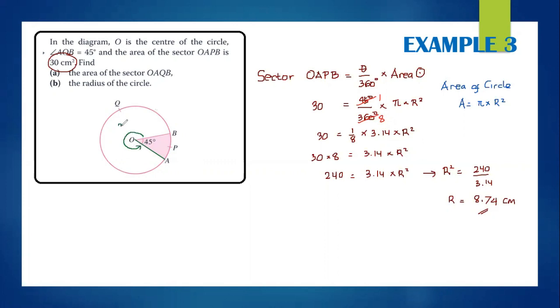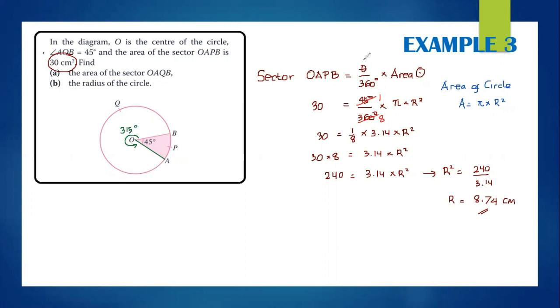Here is 360 degrees minus 45 degrees, so we got 315 degrees. Very easy, right?